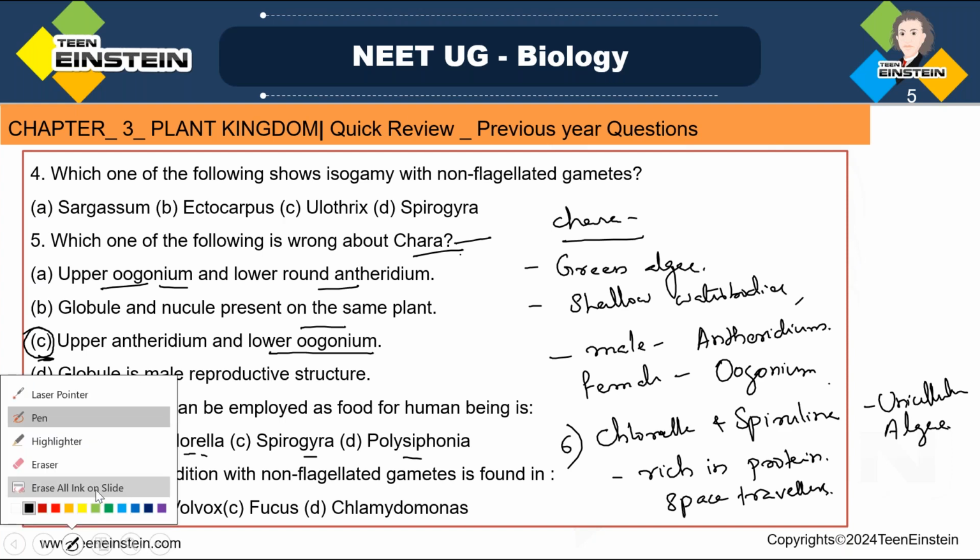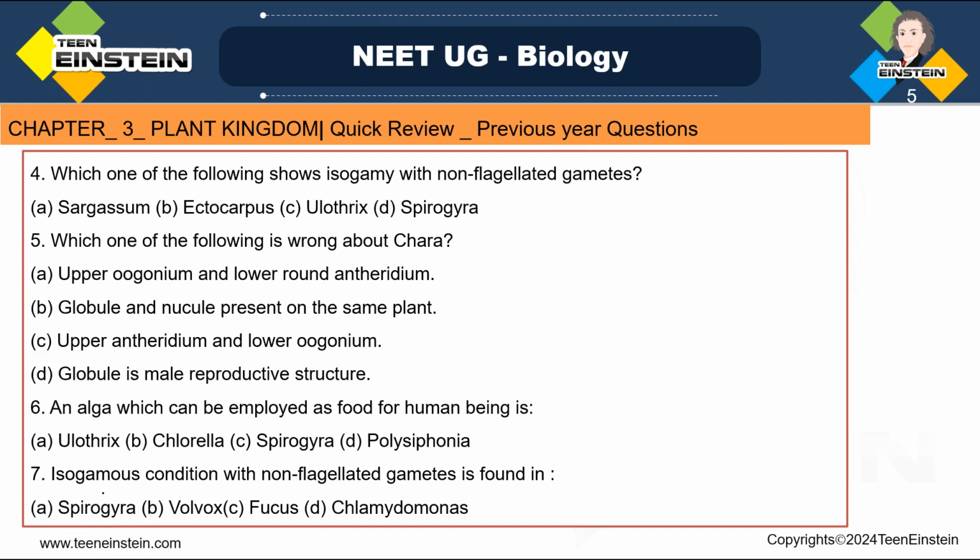Next, seventh question is, isogamous condition with non-flagellated gametes is found in. See here, this is like the earlier question, which one of the following shows isogamy with non-flagellated gametes?